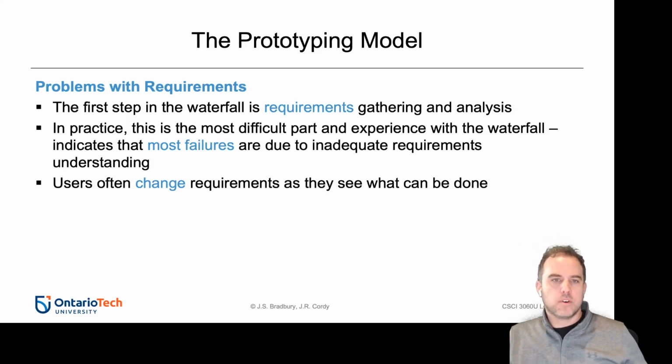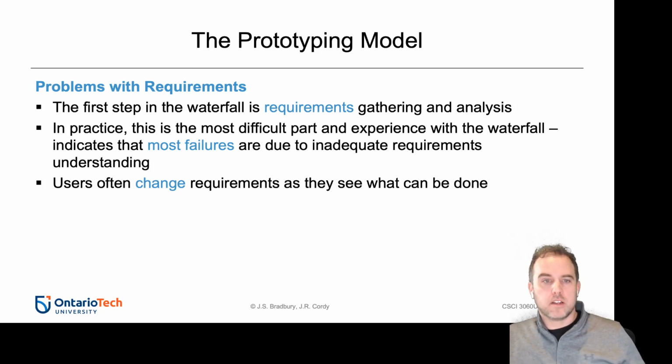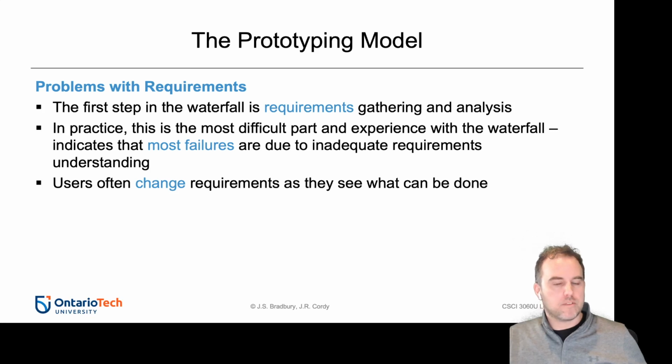As I mentioned before, one of the challenges is this early freezing in Waterfall. And one solution to this is something called prototyping. The prototype model is basically a solution to the issue that we don't always get the requirements right at the beginning, and sometimes we have to evolve them and they change. Most of the problems with Waterfall traditionally were failures of requirements gathering, meaning that the requirements were either wrong or inadequate.